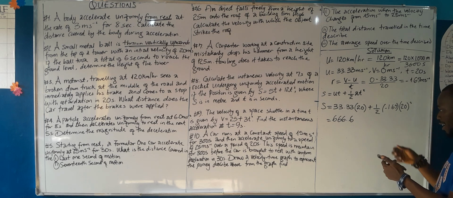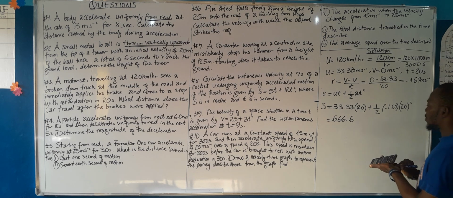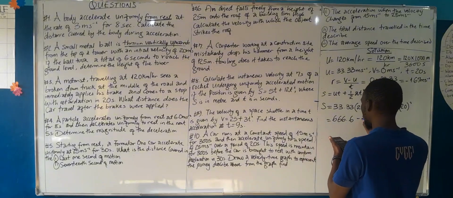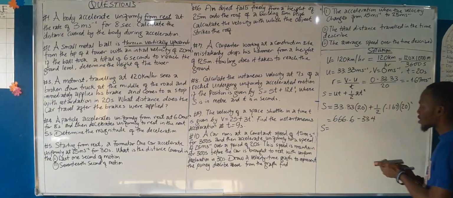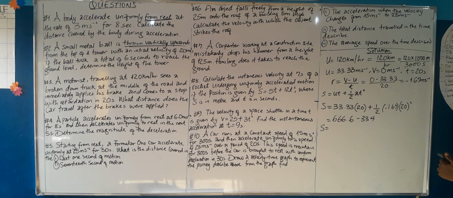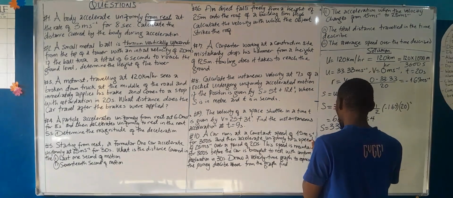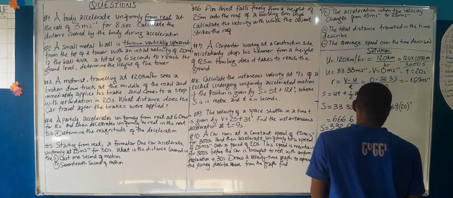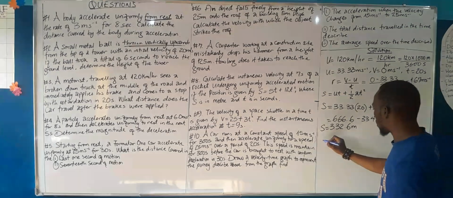It's actually 200 times 1.67, so it's going to give me negative 334. Okay, so the distance will be 332.6 meters.